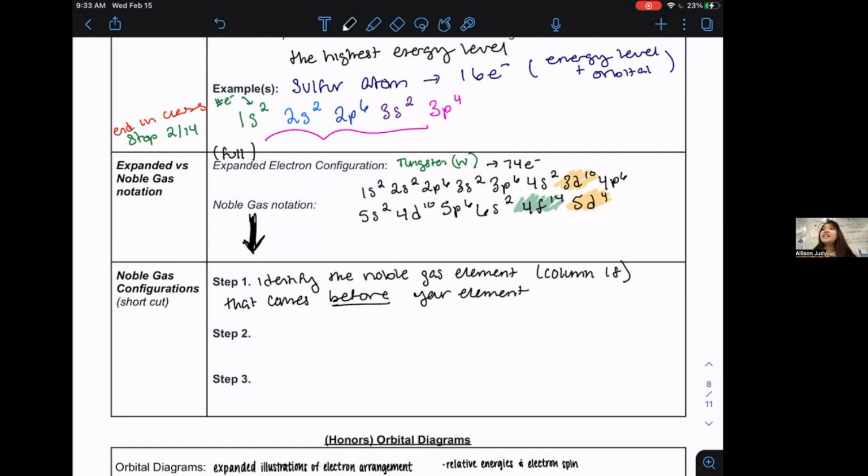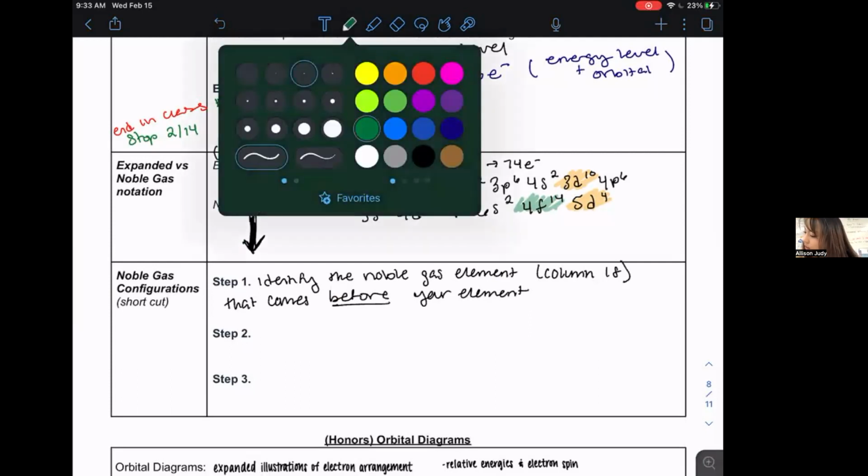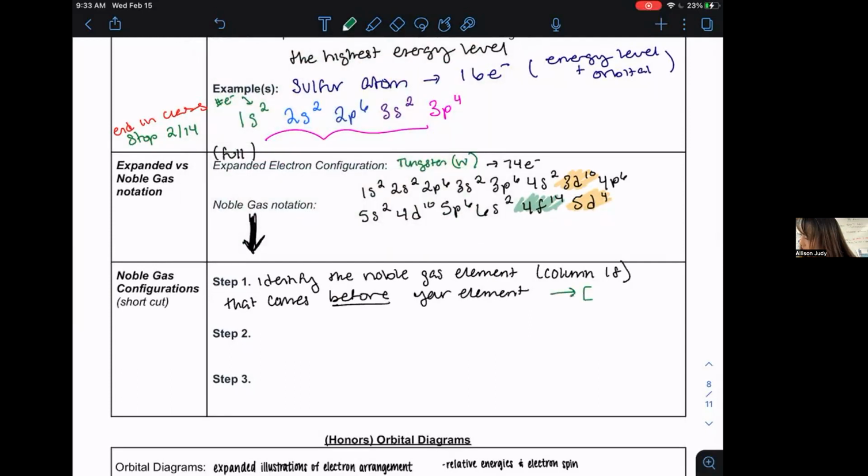So for tungsten, the noble gas that comes before tungsten is xenon. It has to be before. So for us, it's going to be xenon. Once we identify it, we put brackets around the noble gas.